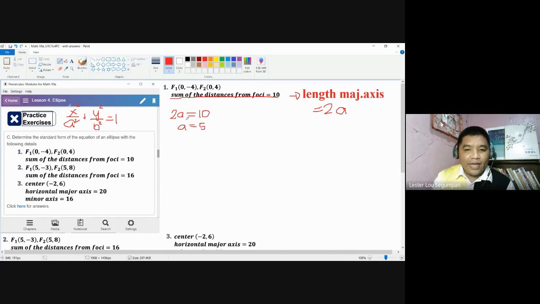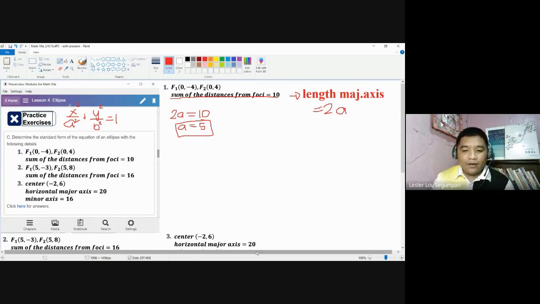We already have a. Next is to look for b and the center. Again, the center is not given, but the foci are given. Take note that the foci lie on the same line containing the vertices and the center.